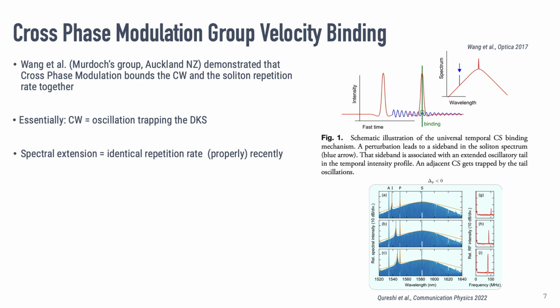So your external laser, in blue here, is going to travel at the exact same group velocity as the soliton. It has been shown recently, through other spectral extension work, that every component travels at the same group velocity.